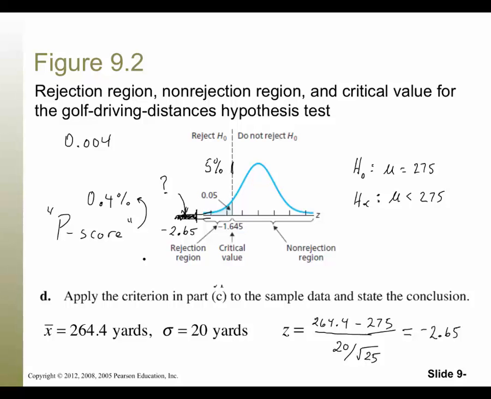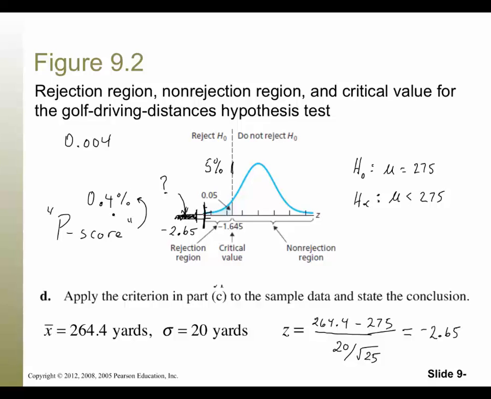Okay? So even if we started this hypothesis test and say we want a 1% significance level, well, that would be here. We still would reject at a 1% significance level based on this p-score.